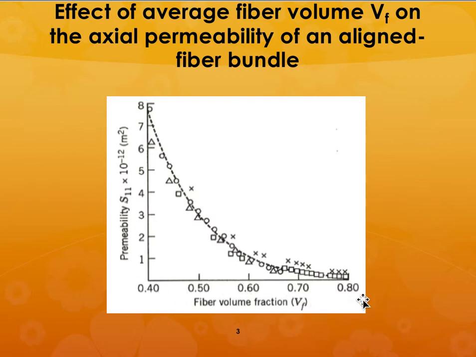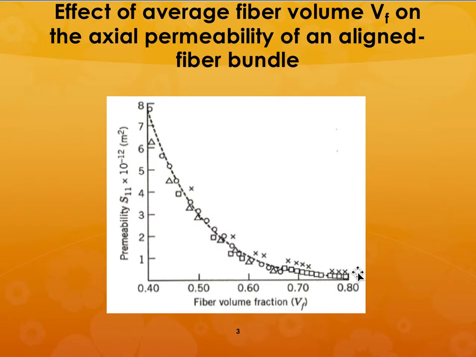So suppose you have about 40% fibers, that has one of the highest permeabilities. But as soon as you start increasing the fiber volume content to 70% and 80% and things like that, you are going to have very poor permeability.